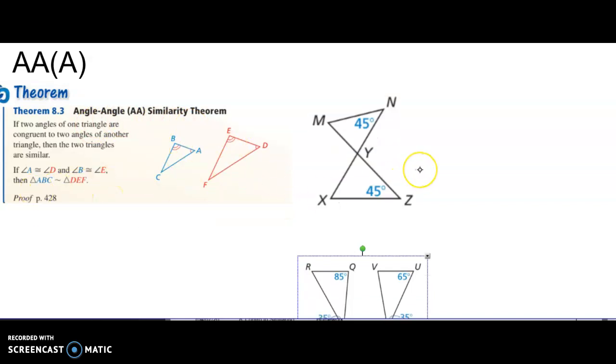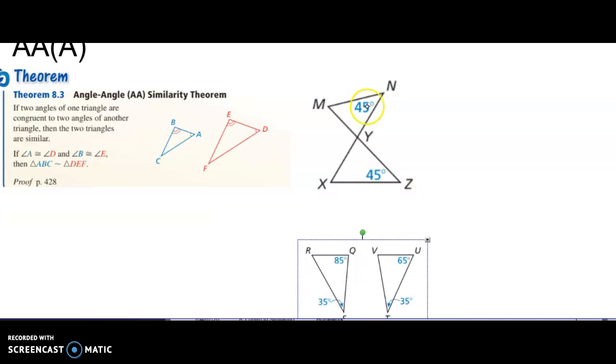So here I have these 2 triangles, and I have 45 and 45. So I know N equals Z. Awesome. And then I also have this angle here because of the vertical angle theorem. Don't forget about those. So this does have angle, angle similarity.